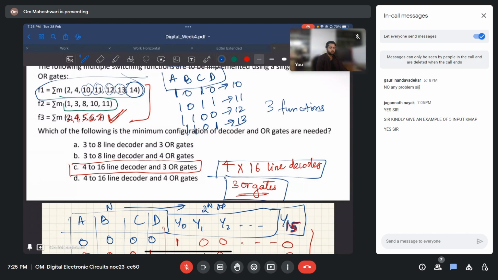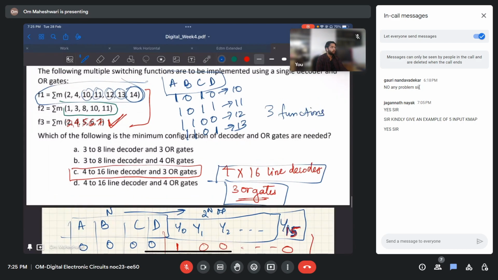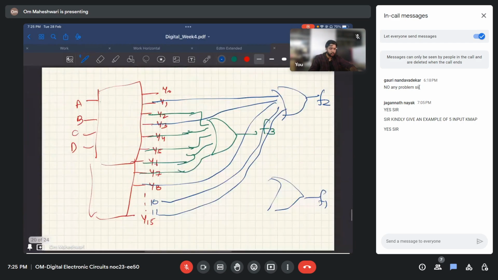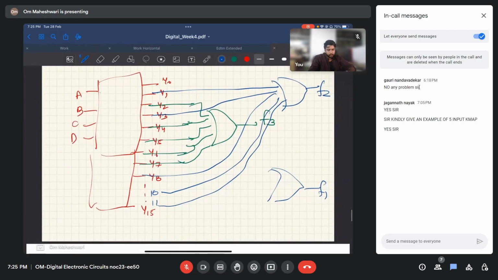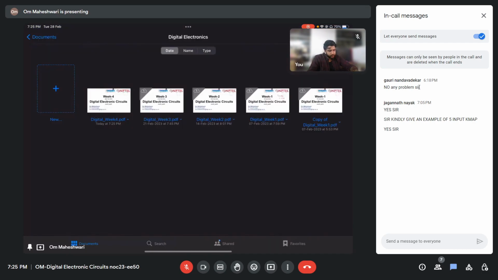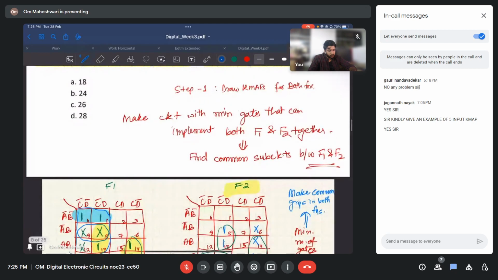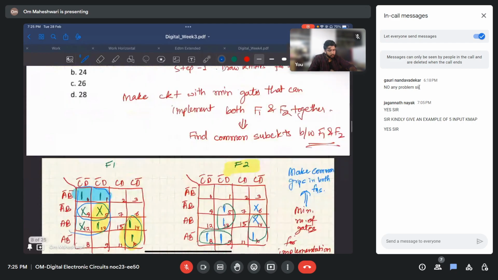Okay, so these were the questions in the tutorial. So I'll now go to that 5 variable K map question that you were asking. Let me see. I solved it last week, I think. So I have that 5 variable K map.